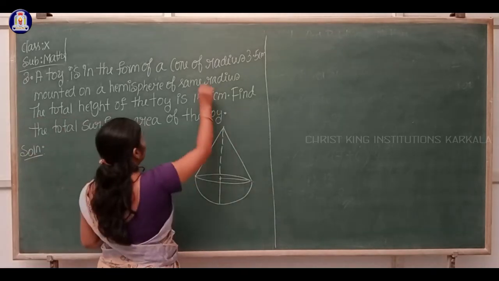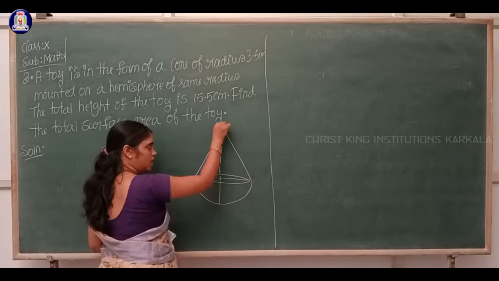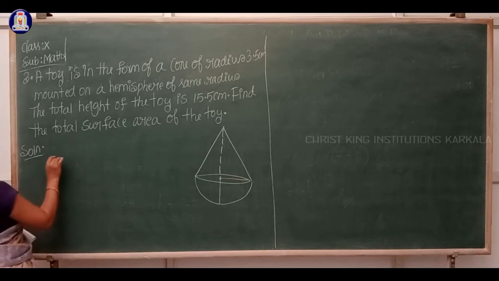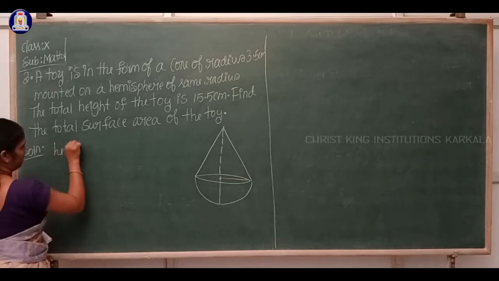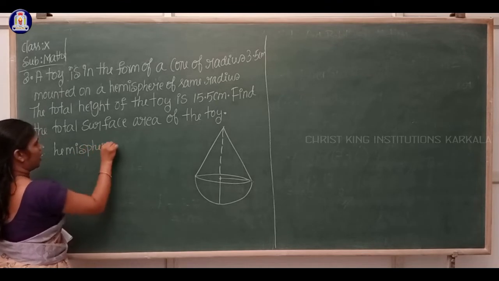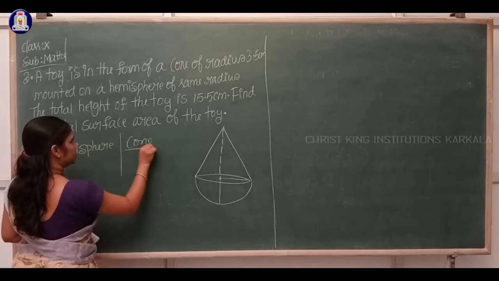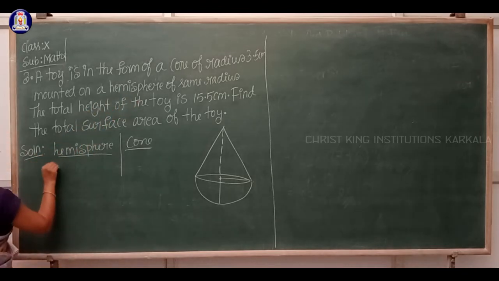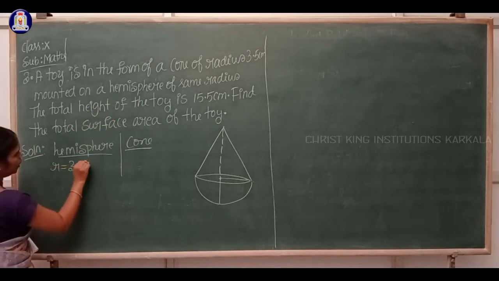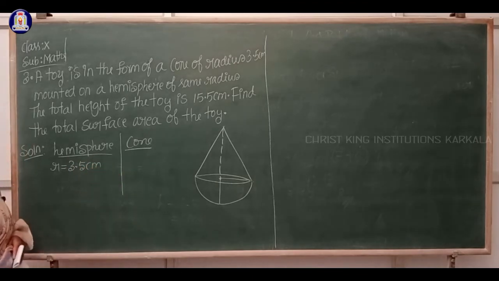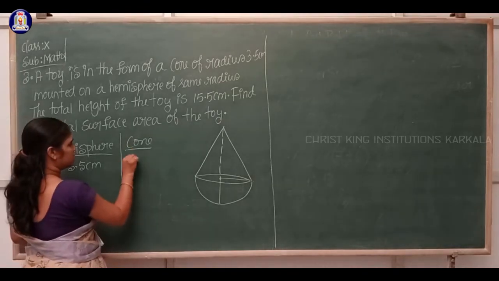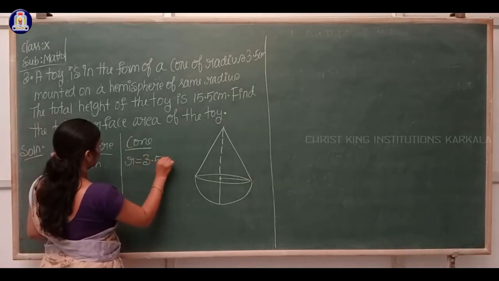In the question, the radius of the hemisphere and the radius of the cone are both the same. First I'll write the information related to the hemisphere and cone. The radius of the hemisphere is 3.5 centimeter. Since the radius of the hemisphere and the cone are the same, the radius of the cone is also 3.5 centimeter.